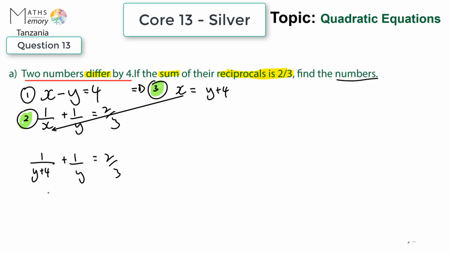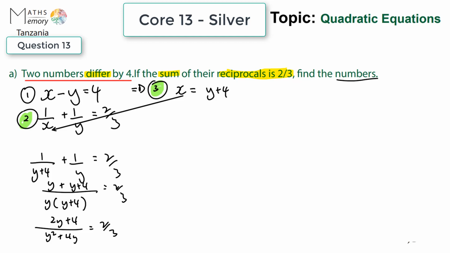So this is the same as saying, you find a common denominator, y plus 4 over here, and y times y plus 4 equals 2/3. It's the same thing as saying 2y plus 4 over y squared plus 4y equals 2 over 3.